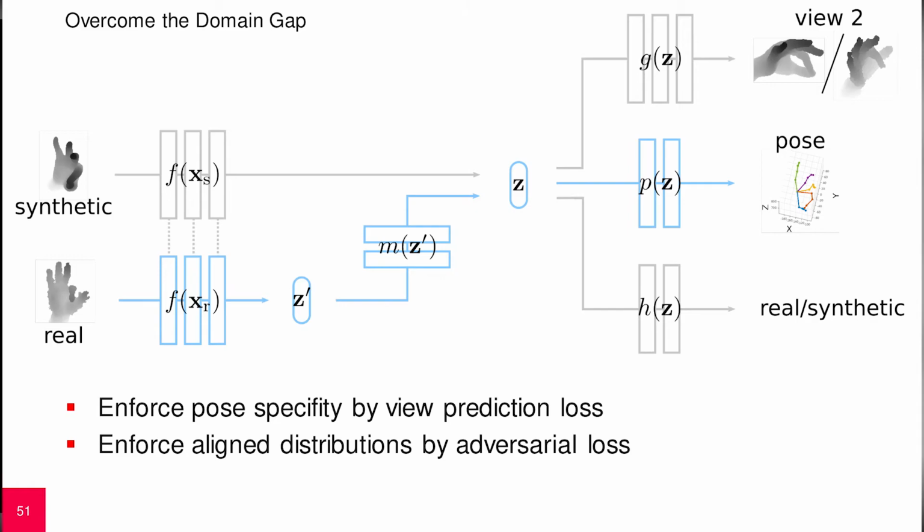Then we use this idea of adversarial training to train this mapping to fool this discriminator, so that the target for the mapping is now to make these distributions of real and synthetic samples in the latent space indistinguishable from each other, to fool this critic. That's a straightforward application of the idea of adversarial training.